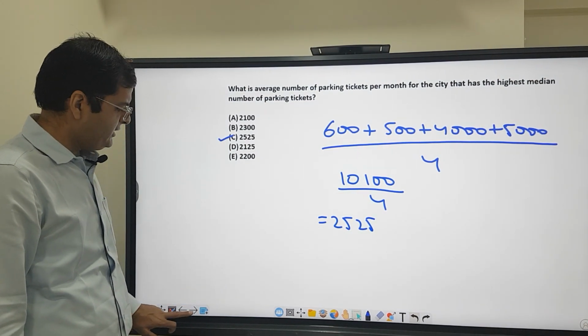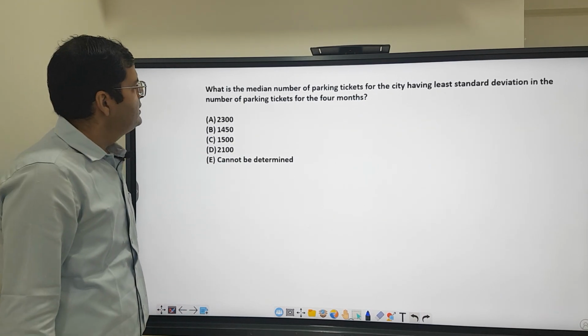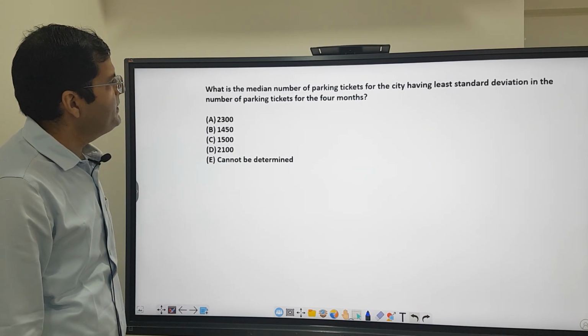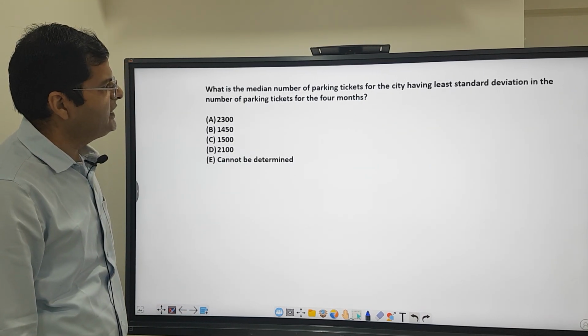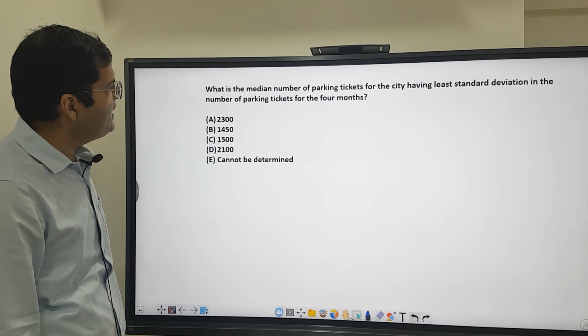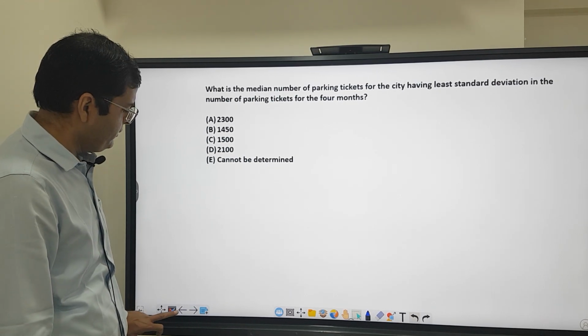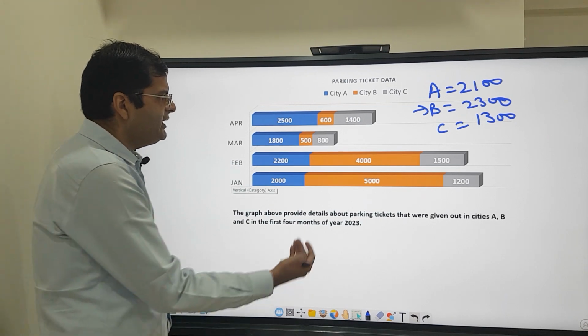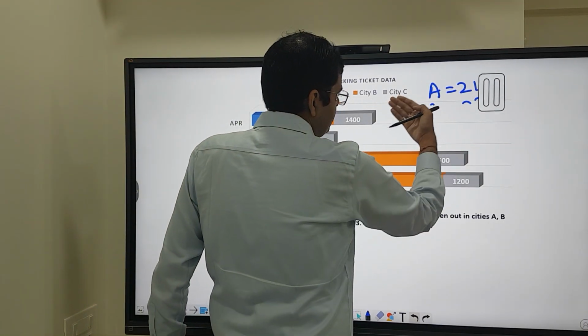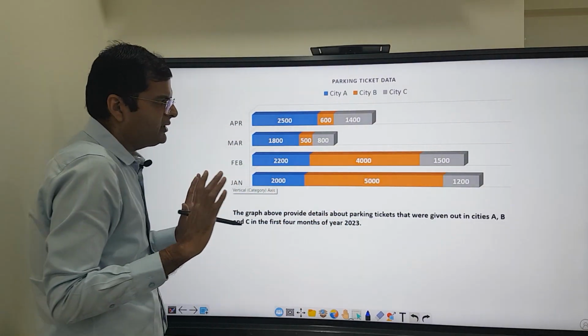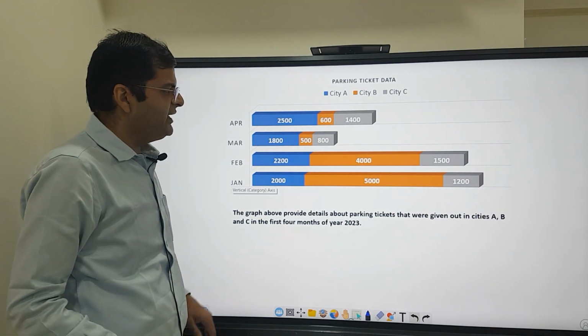We look at the next question of the set now. Next question says, what is the median number of parking tickets for the city having the least standard deviation in the number of parking tickets for the 4 months? Now standard deviation, either we take the data, calculate it out and then see, that will be a much lengthy process.